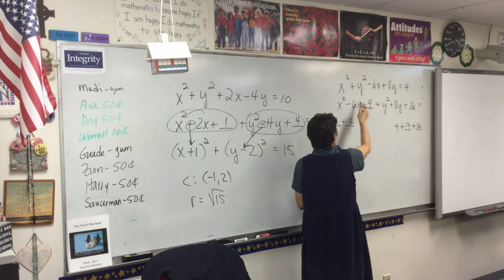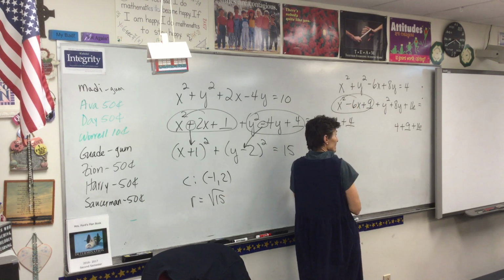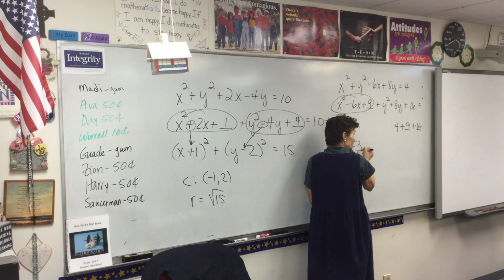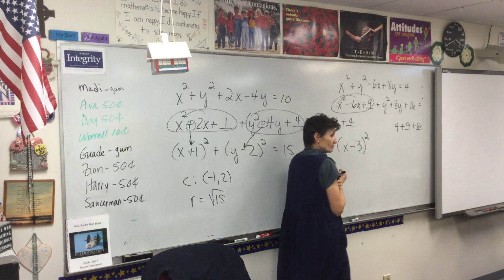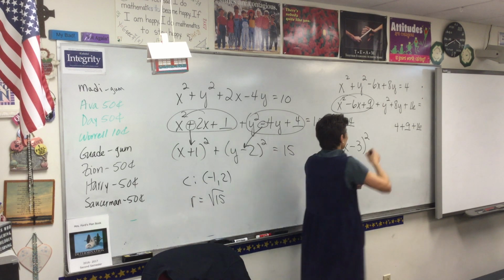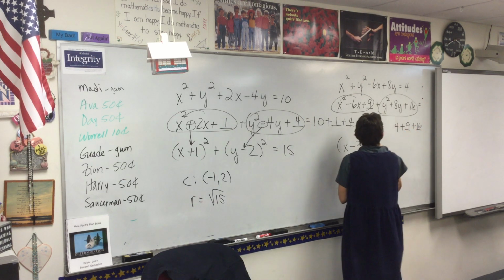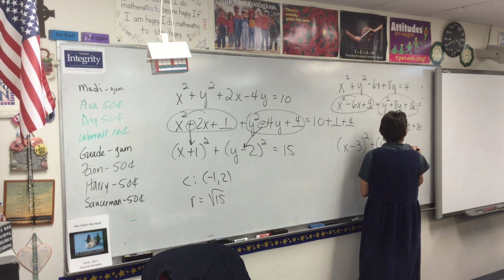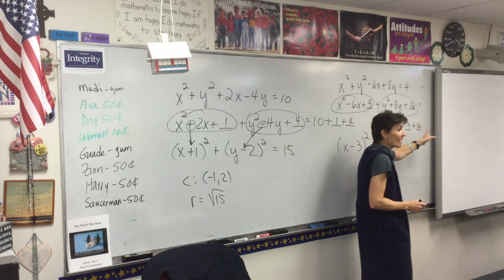Now let's get this right. This makes a quantity squared. X minus 3. Right, Magnus? Okay. This makes a quantity squared. Y plus 4.